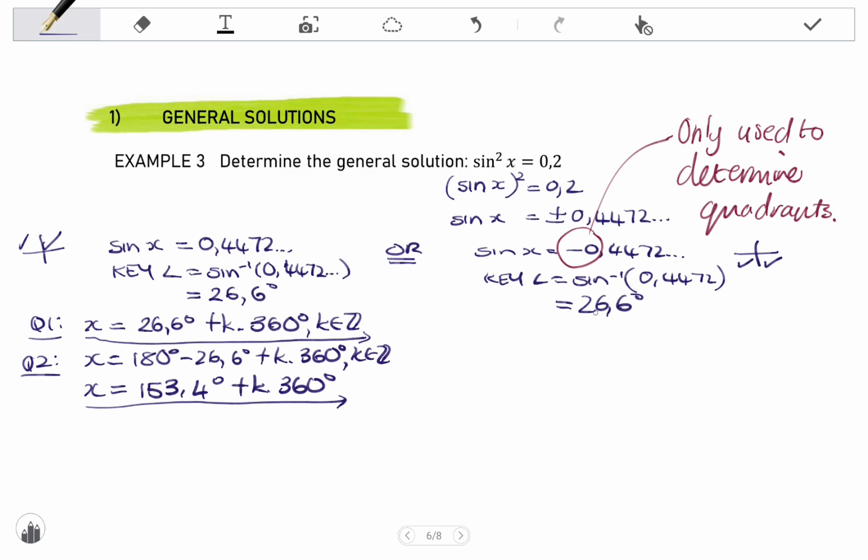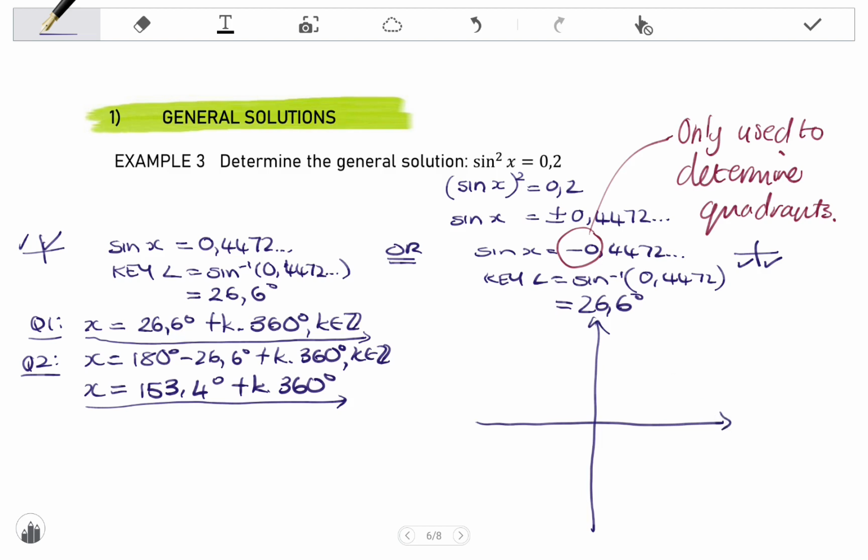Now you could write out your general formulae for the third quadrant and the fourth quadrant, and all four general solutions would be correct, but it's actually not necessary. If we look at what's happening in the four quadrants, there are my four quadrants.